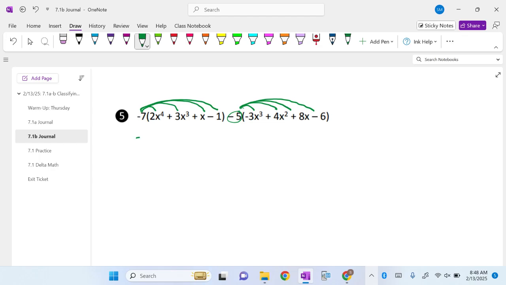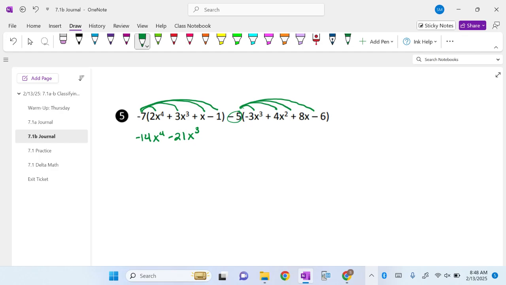Negative 14. And then we just slap on an x to the fourth on the end. So, what's negative 7 times 3x cubed? Right, negative 21x cubed. So, guys, whenever you're distributing a number to parts of a polynomial, just multiply the two coefficients together and slap on whatever variable is on the end.